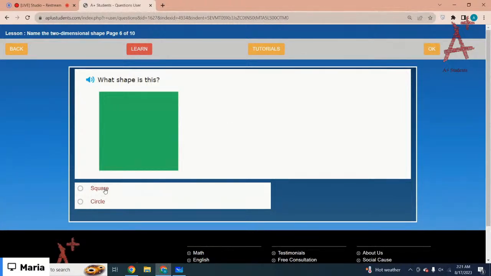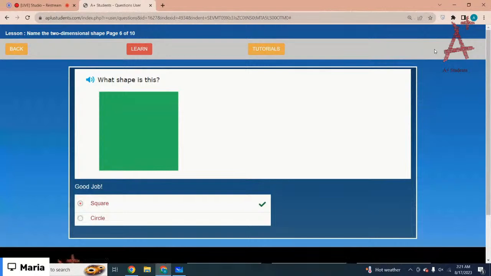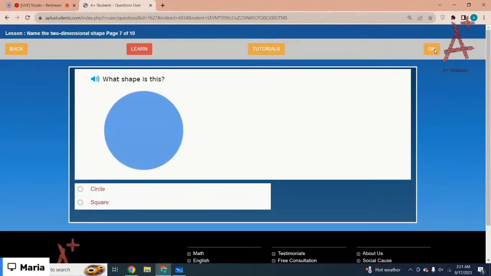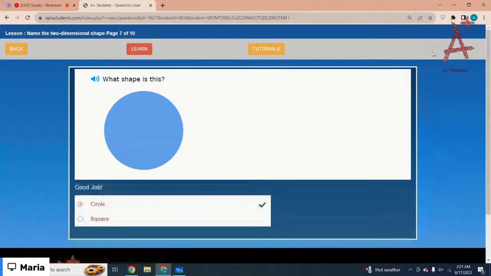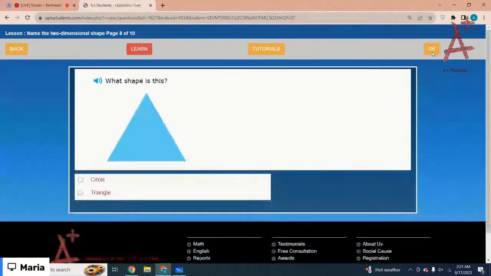You can see that the shape has four straight lines, so that is a square. What shape is this? Circle, square. The correct option is circle. What shape is this? Circle, triangle.